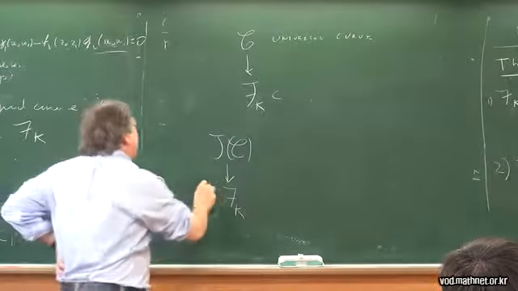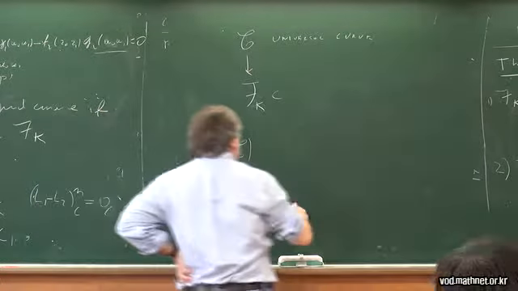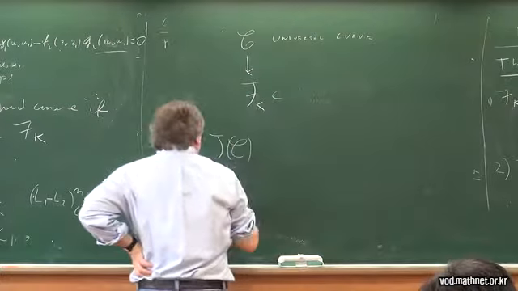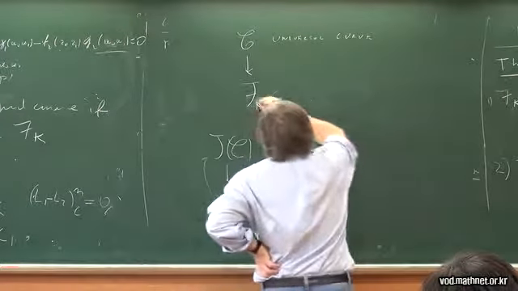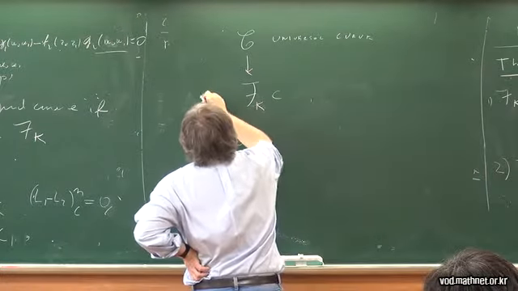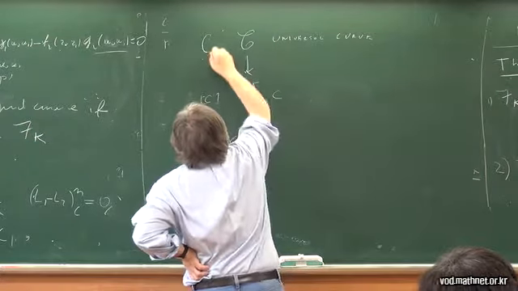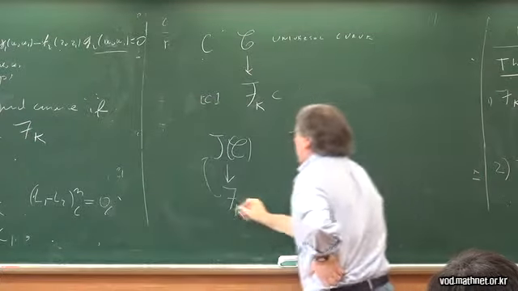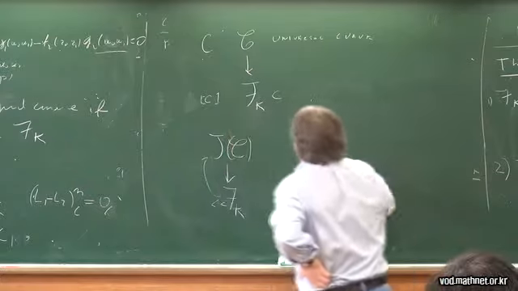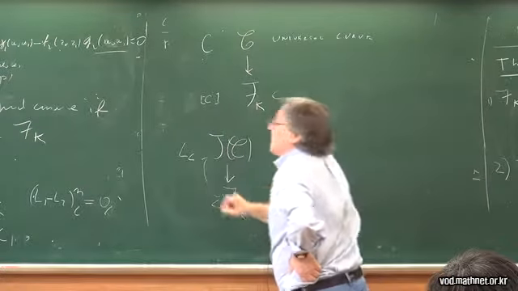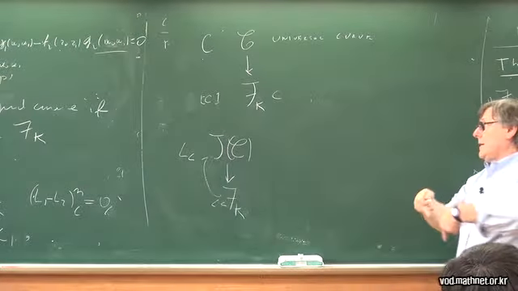And then we have a section of this Jacobian given by, at the point C, we have the curve C here, and at the point C here we have L_C, which is the difference of the two g^1_k.